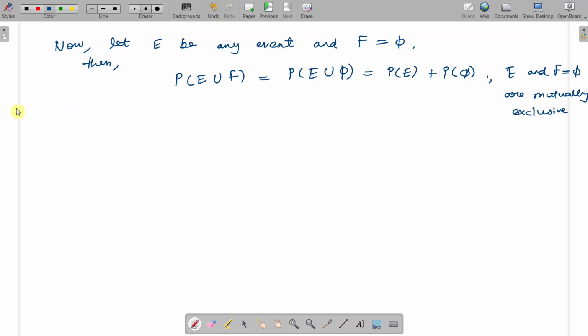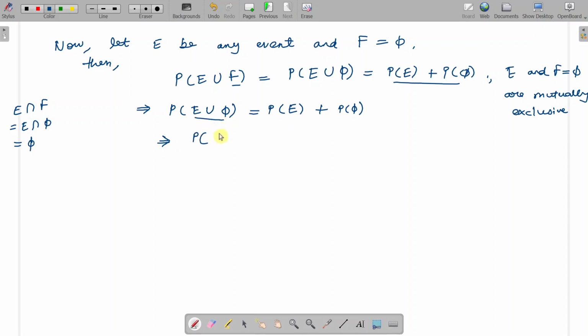Why are they mutually exclusive? Because E intersection F, that is E intersection empty set, is nothing but the empty set, right? So probability of E union F is equal to probability of E plus probability of empty set.